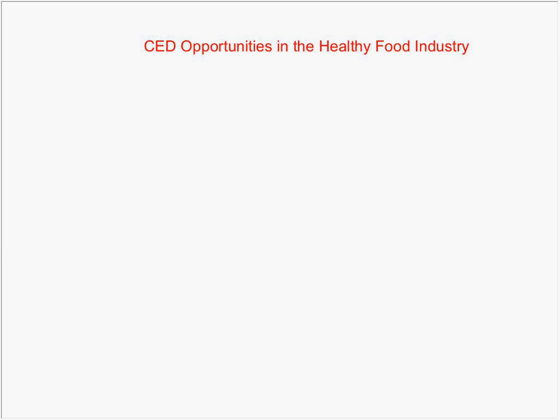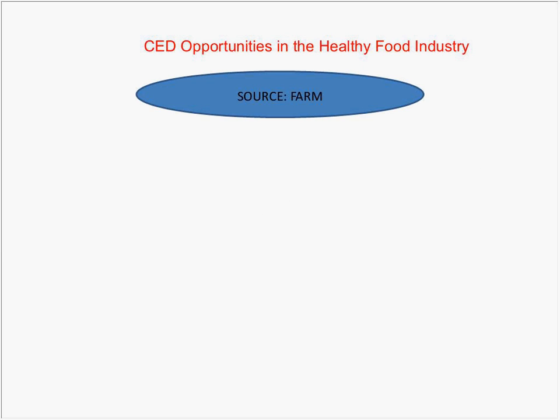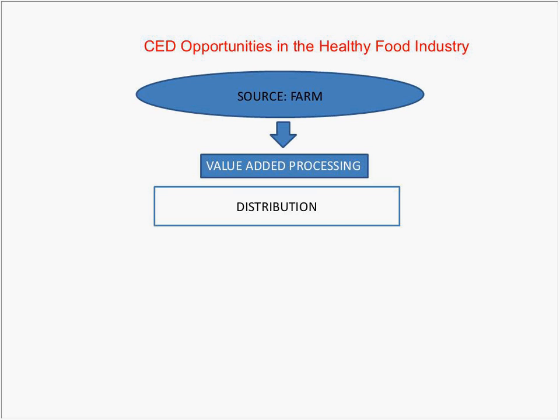So if you look at healthy foods, you've got the source of the material, which is basically farms. You've got folks who do value-added processing, like turning potatoes into potato chips or turning tomatoes into sauce. So it's that value-added processing that's part of the system. Someone has to distribute this stuff, all the food that's processed or coming directly from farms.